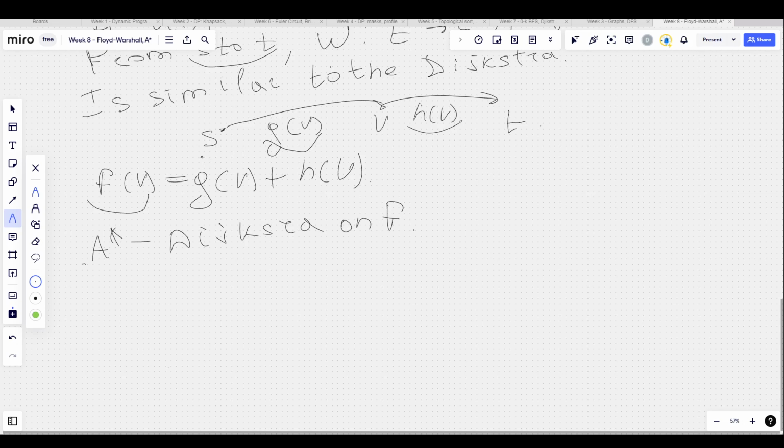In usual Dijkstra we consider only the path from S to all V, and we update, trying to estimate the distance between S and V. In this case, we're going to try to estimate G(v) plus H(v).